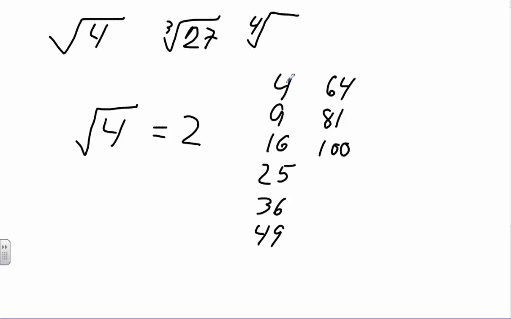So the square root of 4 is 2, square root of 9 is 3, square root of 16 is 4, square root of 25 is 5, square root of 36 is 6, square root of 49 is 7, square root of 64 is 8, square root of 81 is 9, and square root of 100 is 10. Okay, so let's get down to it.